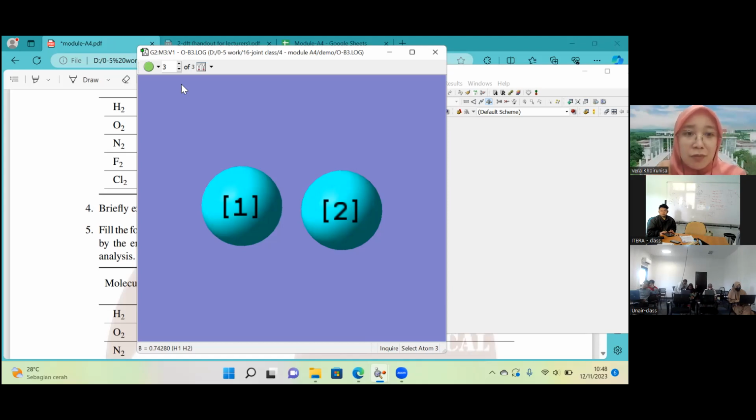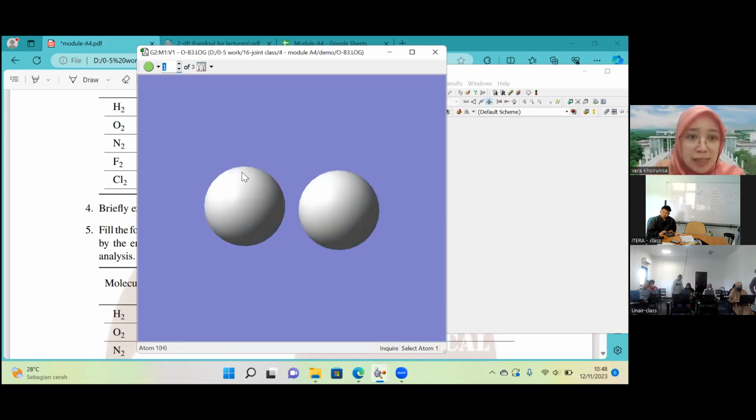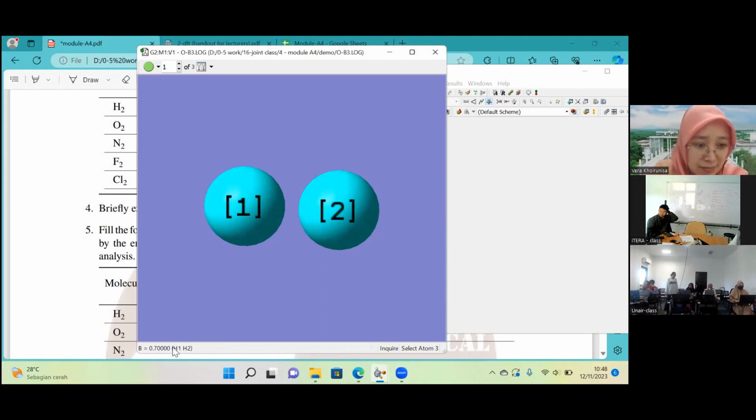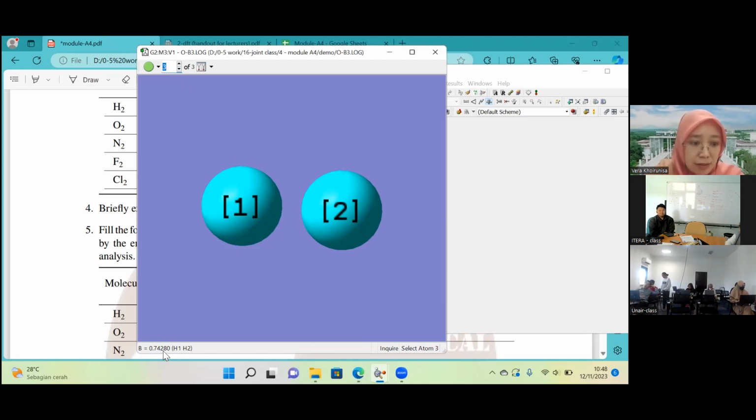If you want to find the R initial, you have to go to the first step. Like this is first step of 3. So this will be the R initial, because in the initial I set up 0.7. But then we optimize it, and then we found that the R0 is 0.74.